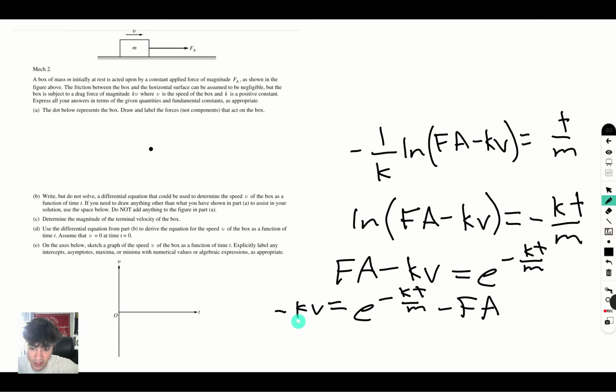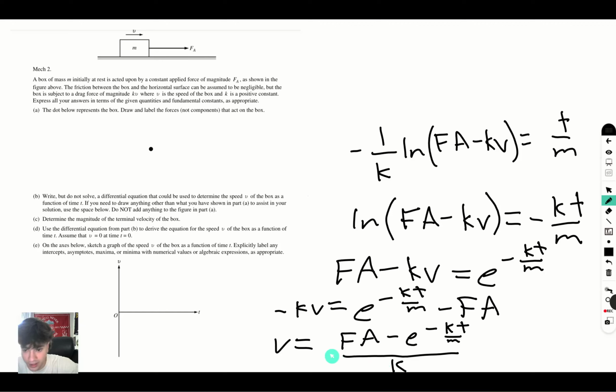Divide both sides by negative k, and you'll get that velocity is equal to (Fa minus e to the negative kt over m) all divided by k. And there you have it. This is e to the power of negative kt over m. Sorry, it's not drawn too clearly.